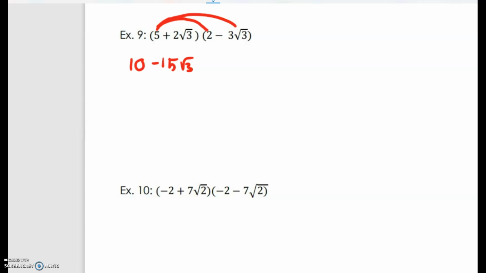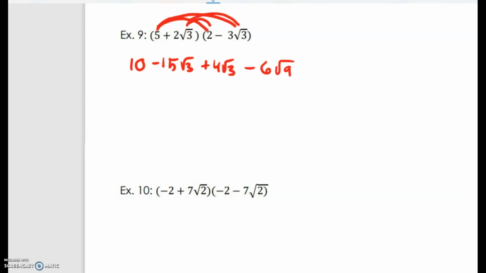Switch to the next term. 2 radical 3 times 2 is 4 radical 3. And then 2 radical 3 times negative 3 radical 3. 2 times 3 is 6. And then radical 3 times radical 3 is radical 9.